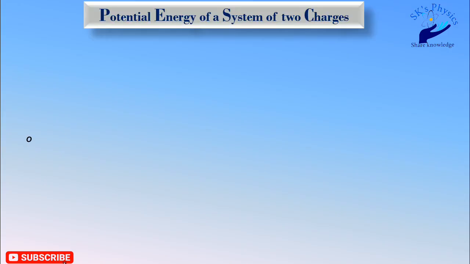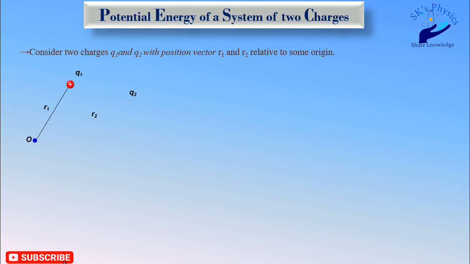Potential energy of a system of two charges. Consider two charges Q1 and Q2 with position vectors R1 and R2 relative to some origin. Here the distance between O and Q1 is R1, and between O and Q2 is R2. Consider the charges Q1 and Q2 initially at infinity.